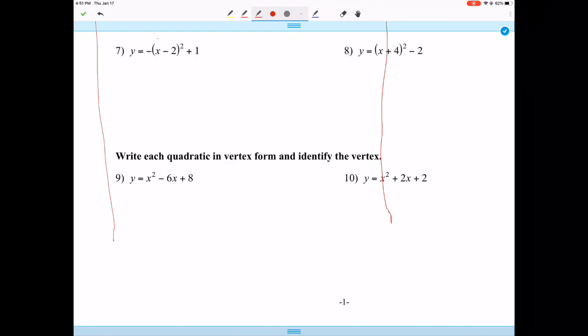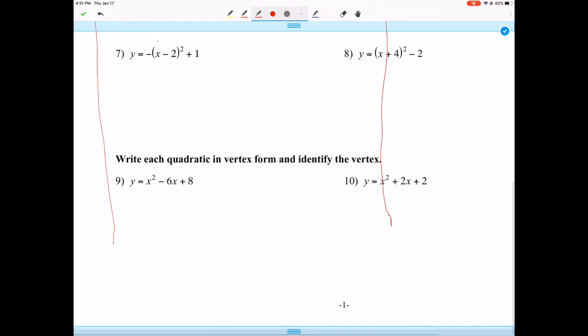Okay. Write this in vertex form and identify the vertex. I feel like once you have this done, you don't have to really worry about that as much because you can find it really easy. Okay. Here I would graph, if you can, and you would do second trace, and you'd choose maximum or minimum, depending on if here A is positive, so it would be like a concave up, so you'd be looking for a minimum.